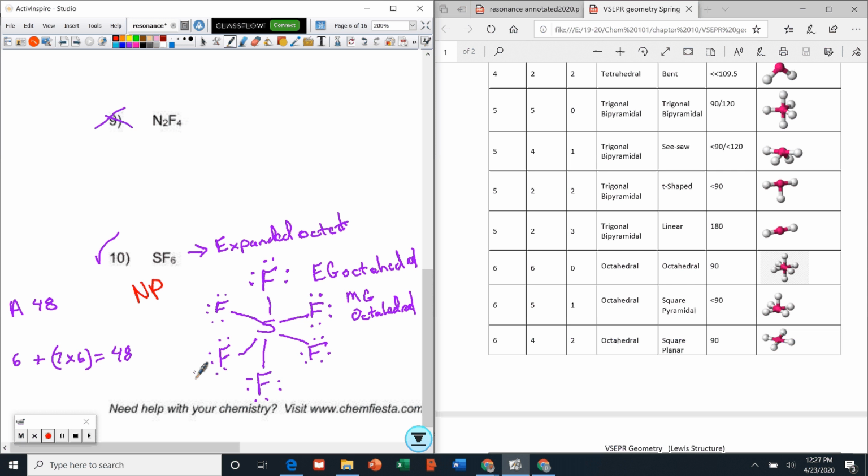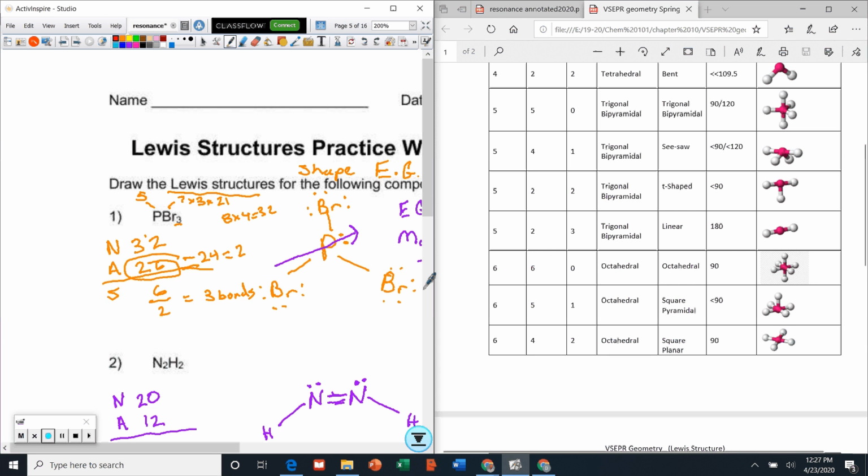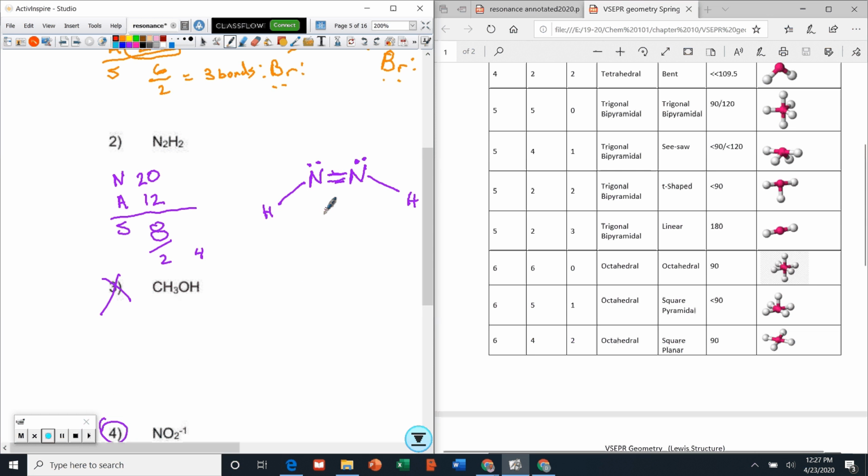If the shape is unbalanced, like we had PBr3 here, where we have these lone pairs here, it kind of makes it into a polar molecule. Same thing with this one, except for it had 2 central molecules. This one is polar as well.